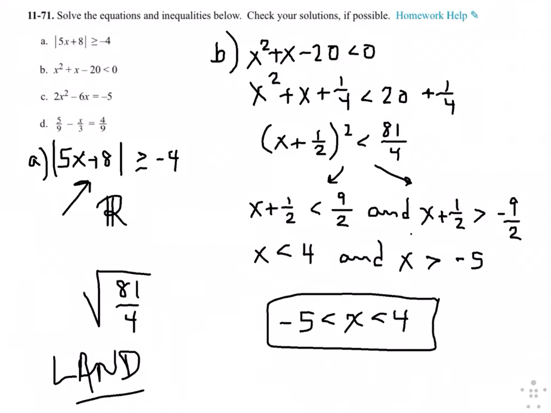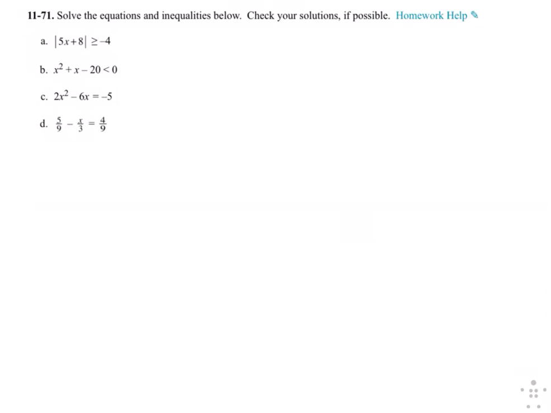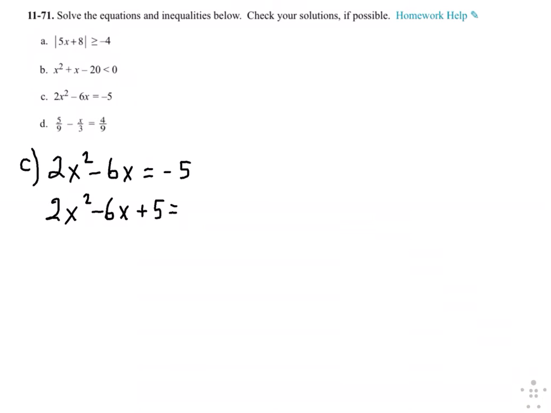Okay, for C, let me make space. We have 2x squared minus 6x equals -5. For this one, we can try to factor. So I could bring it over: 2x squared minus 6x plus 5 equals 0.